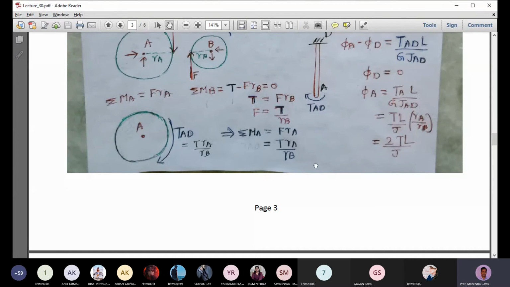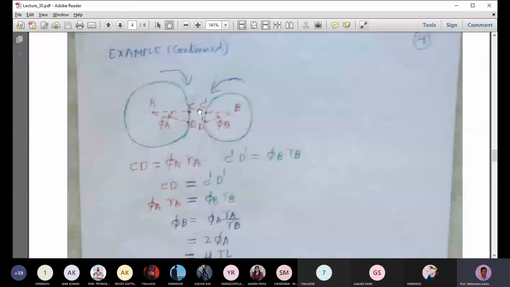we will look into the compatibility of these two gears. So we have the gear A and we have the gear B. Under the action of the torque T, the gear A will rotate, and say initially a point is at C, and due to the rotation it will move along the arc to D. The angle of rotation is phi A, because phi D is 0.